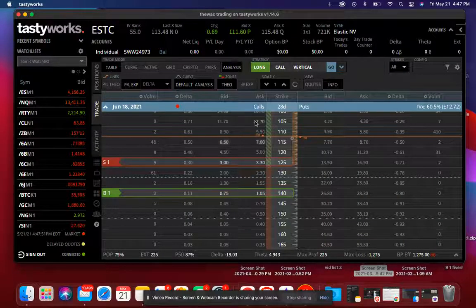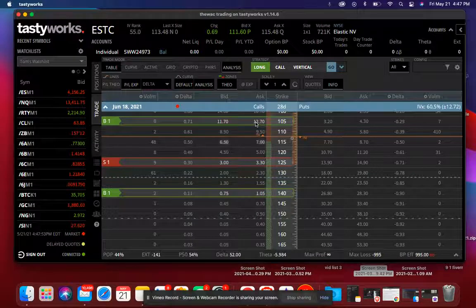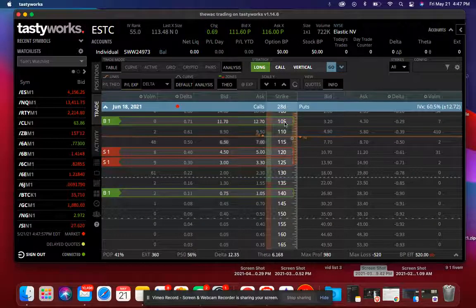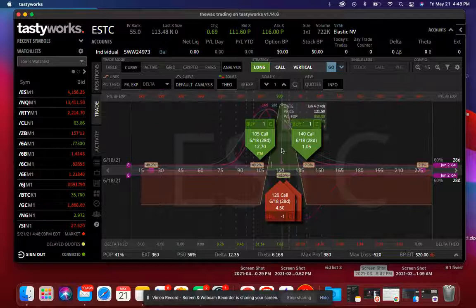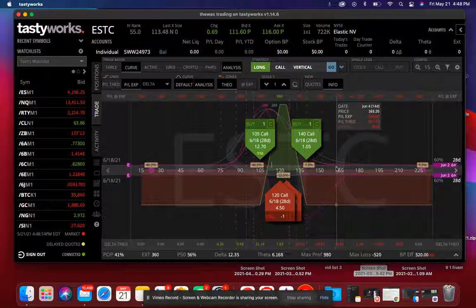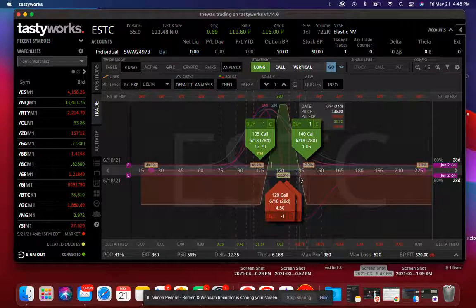The original trade I put on was the 105. We bought the $105 call and sold the $120 call with the expiration of June 18th. This is what it looks like right now, but you've got to remember we're already up. We already have that $155 gain, the upside that we achieved, and then today we put on the trade, and now that has about a $75 gain to the bottom.